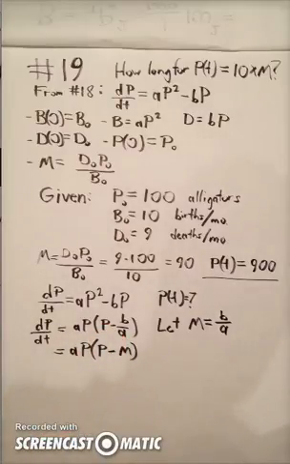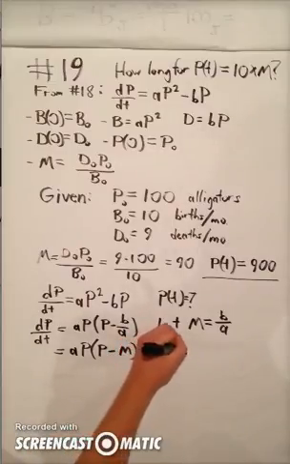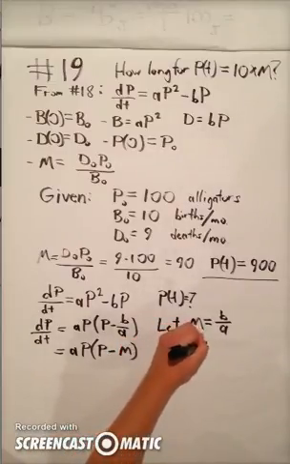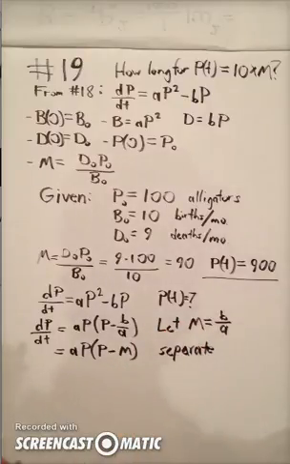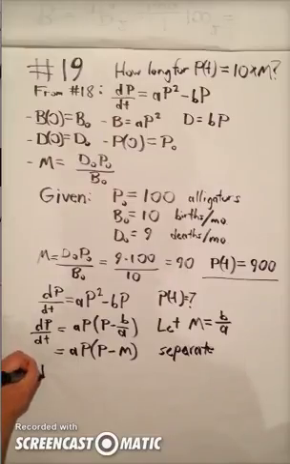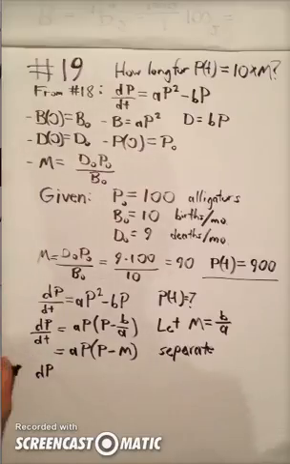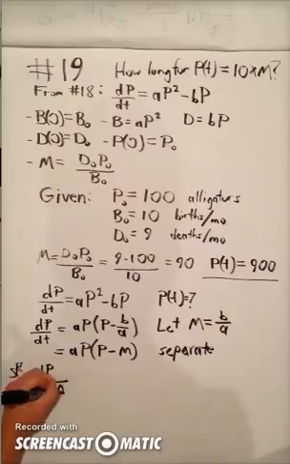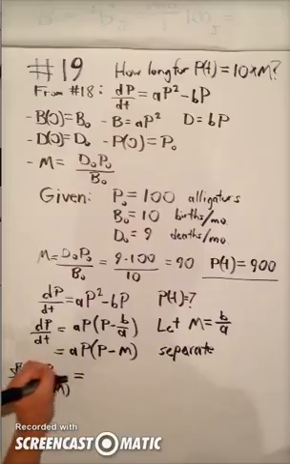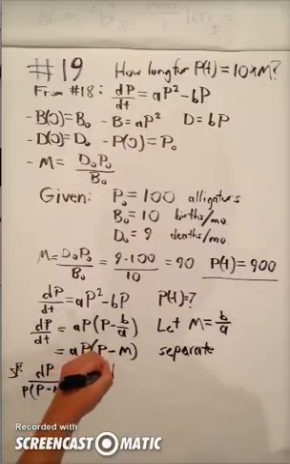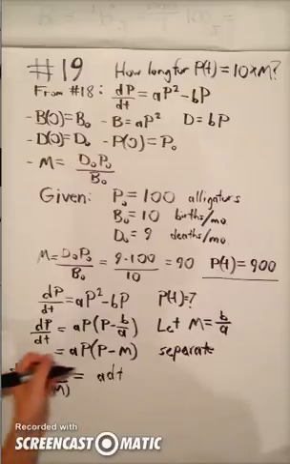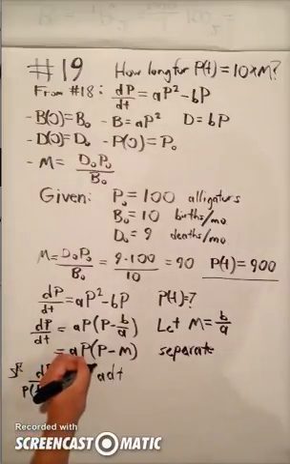For now, we're going to try to separate this. We get all the P's on this side, and over here we have A dt, always there, little joke.